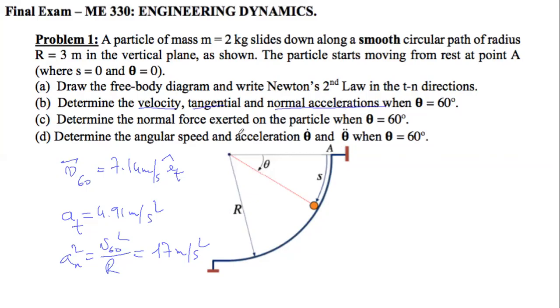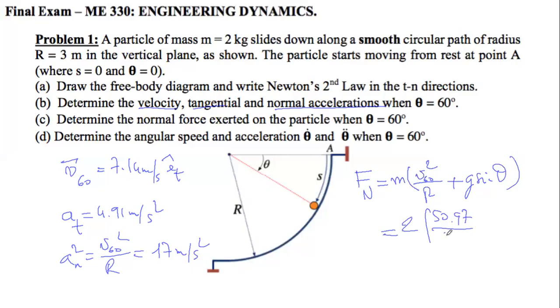Determine the normal force exerted on the particle when theta is equal to 60. We already wrote that. When we were answering the first question, we said that Fn was m v squared over r plus g sine theta. By v squared, I mean v60 squared over r. So that means m times 50.97 divided by 3 plus 9.81 sine 60 degrees.